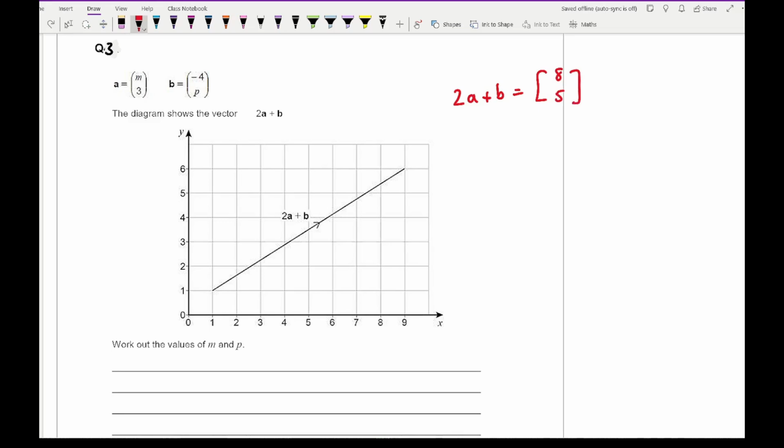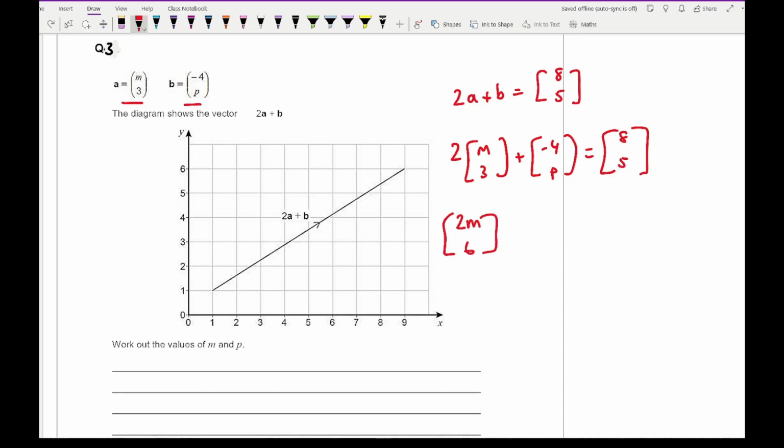Now substituting in the vectors for A and B, we've got 2 lots of M3 plus B, which is minus 4p, and that's equal to 8, 5. So what we then know is that 2m and 6 plus minus 4 and p is equal to 8 and 5.